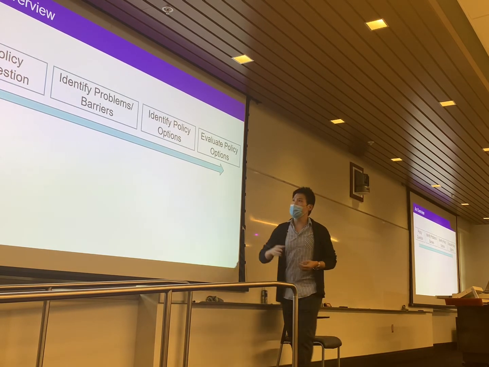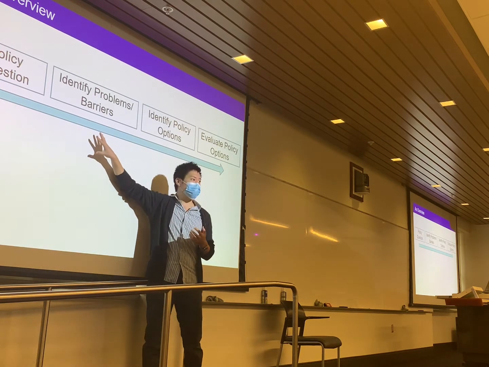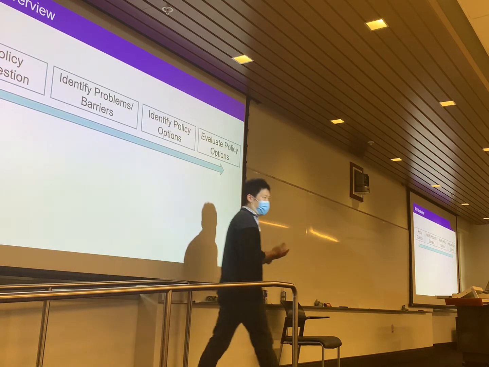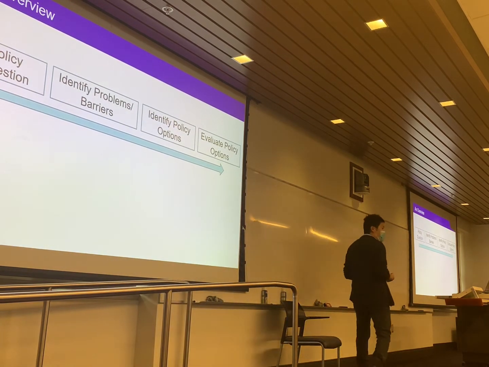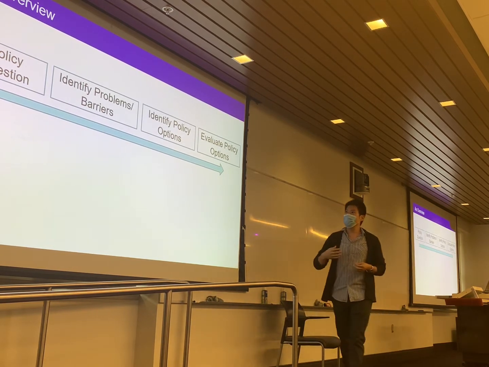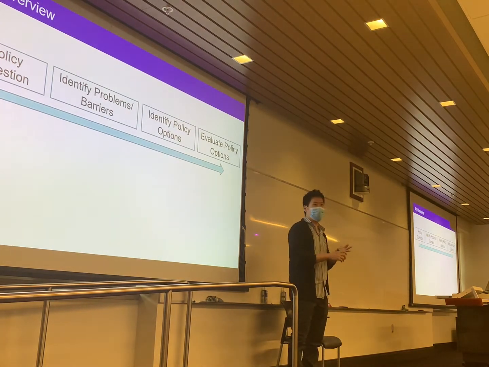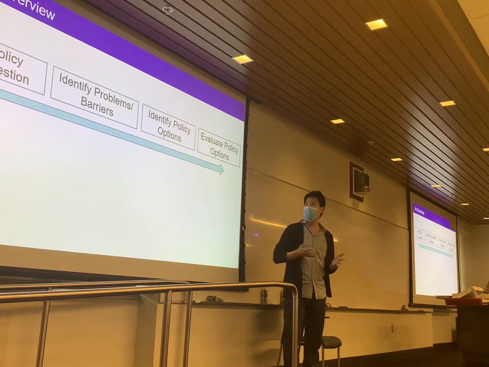So there's the policy question, and then this is the first section of analysis, which is you want to come up with methodologies, could be quantitative, descriptive data, trends, analysis of disparities, whatever it is.